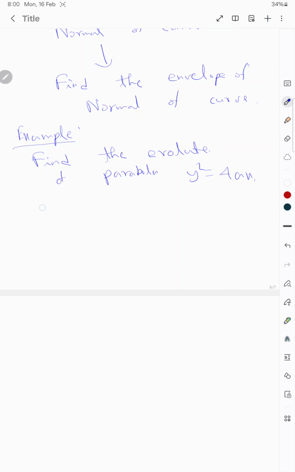First you have to find the derivative: 2y dy/dx is equal to 4a.